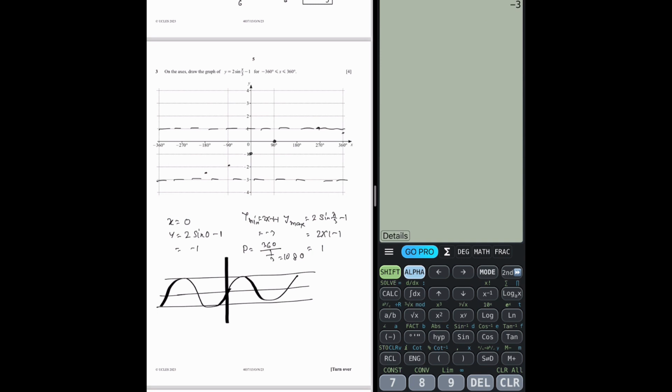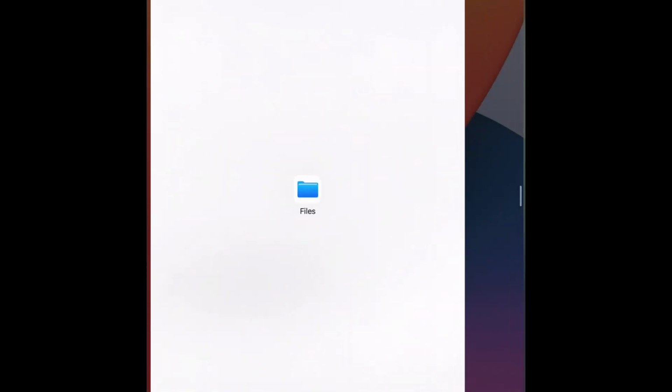This is minus 3. 360, minus 2.73. Now join all these points. Okay, so this is the graph of this trigonometric function.